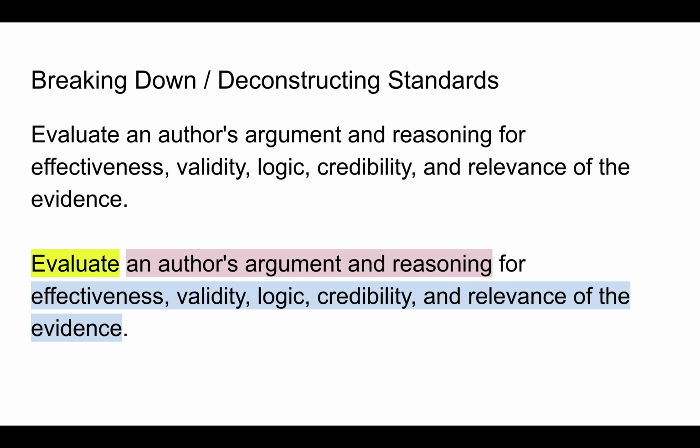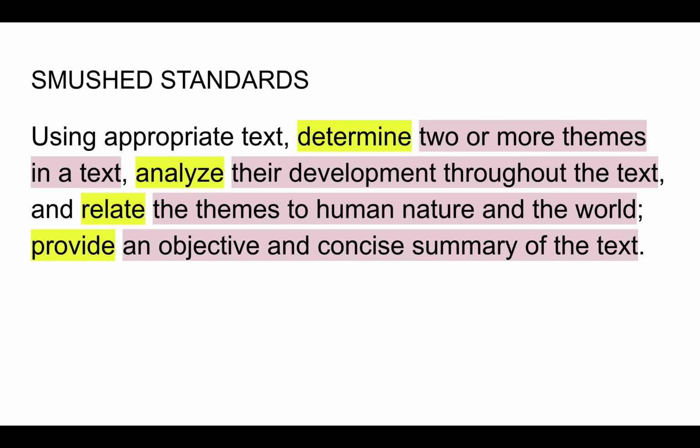Effectiveness, validity, logic, credibility, and relevance of the evidence. So you want to spend some time annotating those standards, especially looking for verbs and nouns. So the verb is evaluate and the noun is the author's argument and their reasoning for effectiveness, validity. Those are all actually nouns, right?